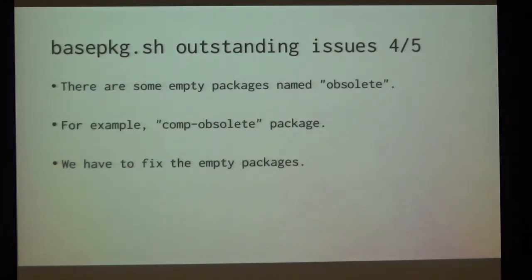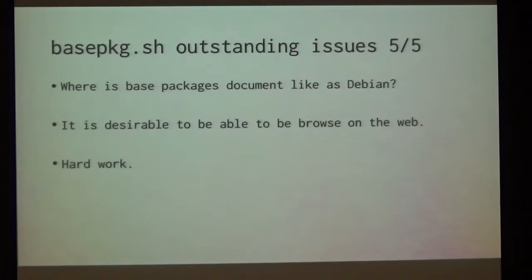We have to fix the empty packages. I have not checked all packages yet. And where is the base packages documentation, like Debian has? It is desirable to be able to browse it on the web. Maybe it's hard work.